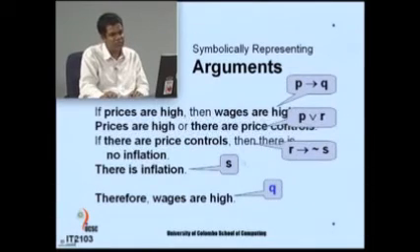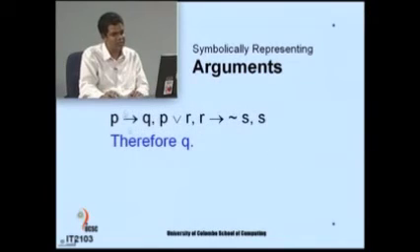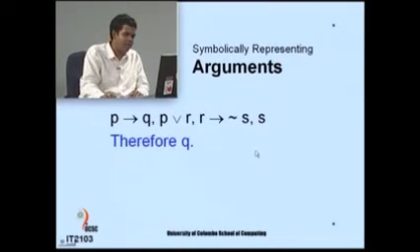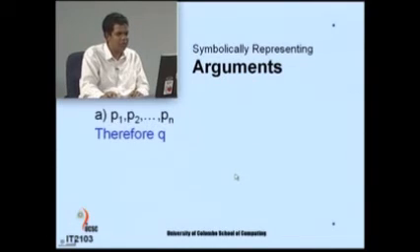So, if you look at the symbols, what this argument looks like is something like this: P implies Q, P or R, R implies not S, S, therefore Q. Denoting arguments in this symbolic form is convenient and easy. We can define arguments in various ways. This is how we define it here.